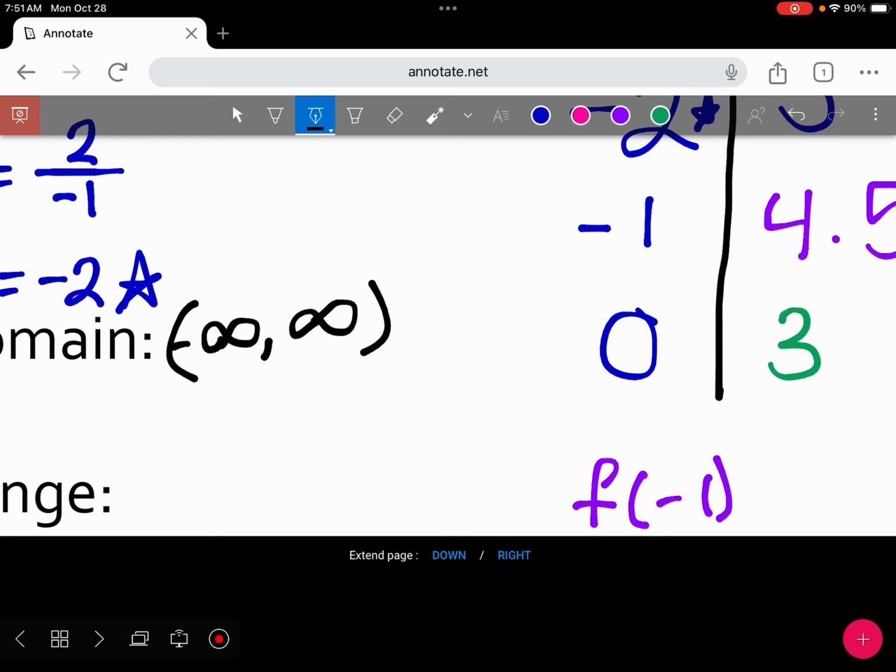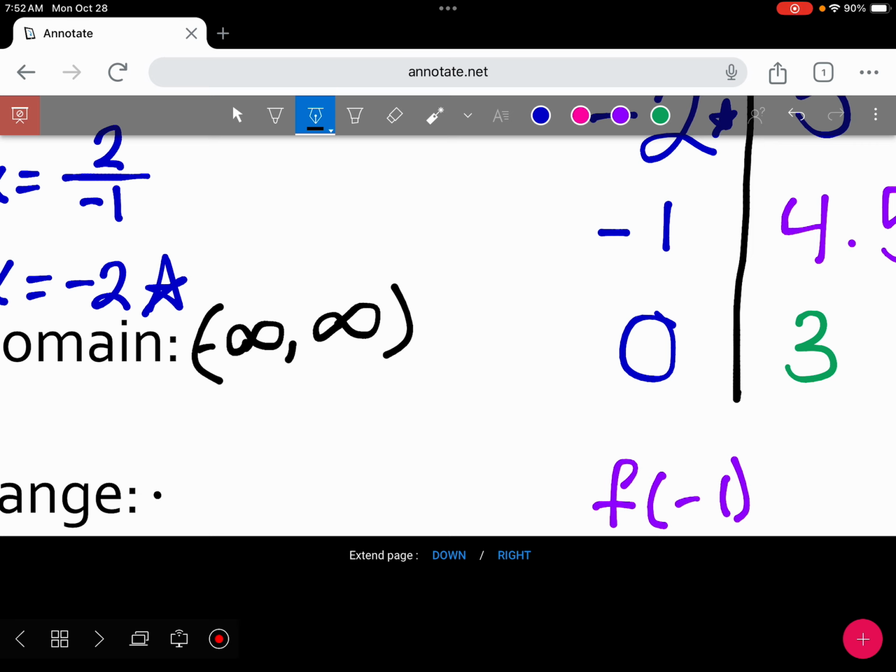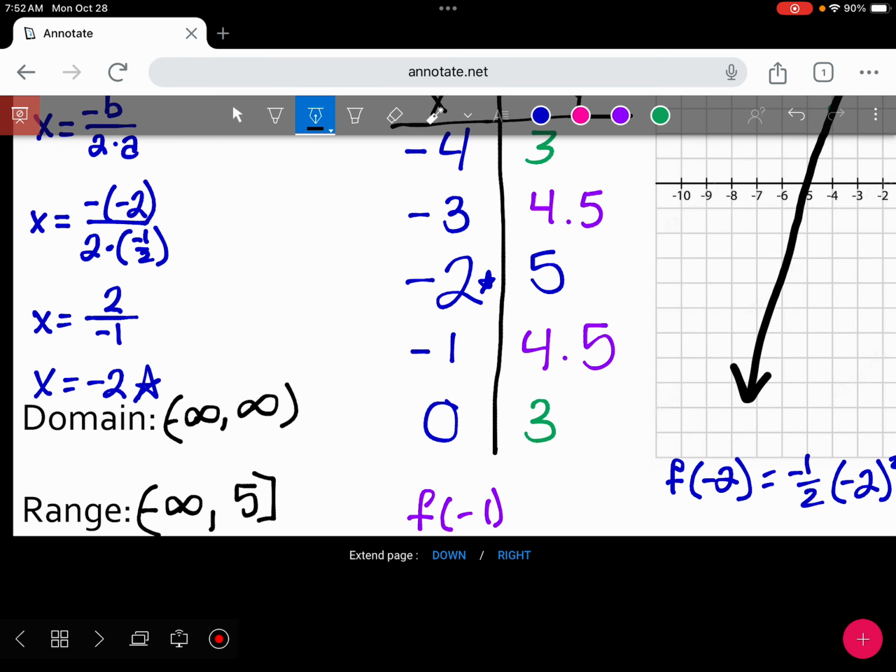How about our range? -infinity to 5. The very top it can be. Good. Excellent remembering. -infinity, the very lowest it can be, to +5, the very highest, with a square bracket, because I can poke 5 and have it be a thing on my line.